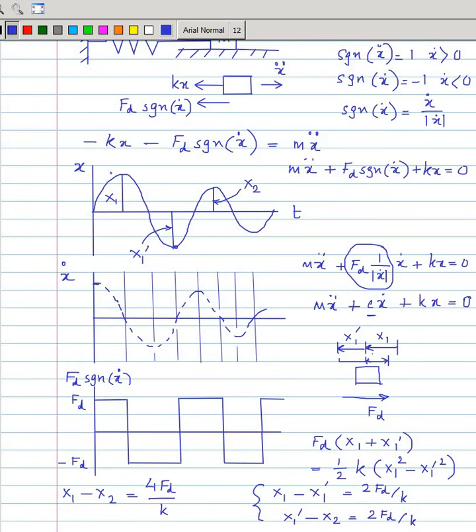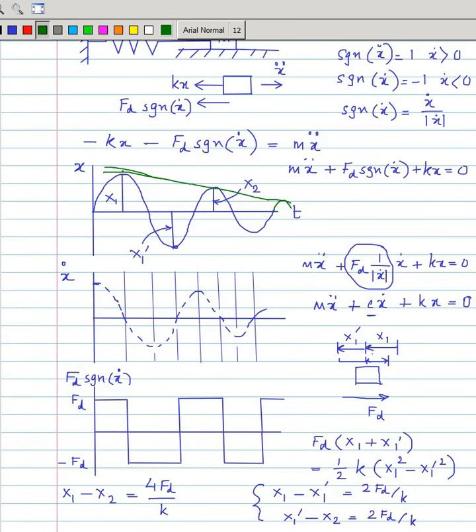That means these amplitudes decrease linearly, because from here to here there is a decrease of 4 fd by k. Then from here to the next amplitude, there will be another decrease of 4 fd by k.